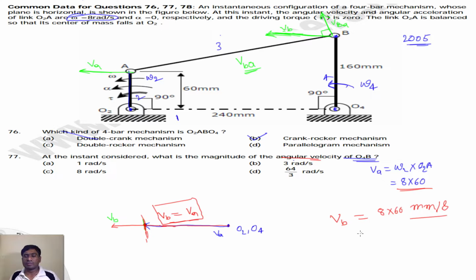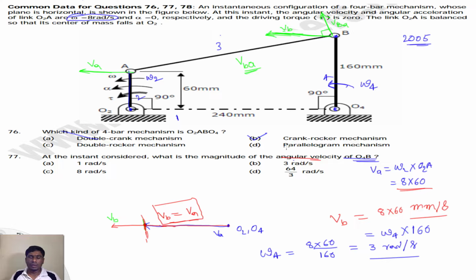This can be written as omega 4 into link length 160. So omega 4 equals 80 into 60 by 160, and its value is 3 radian per second.